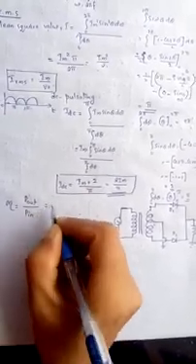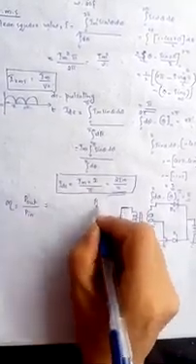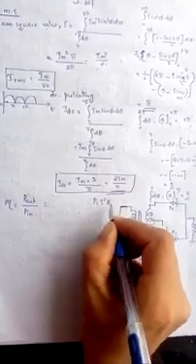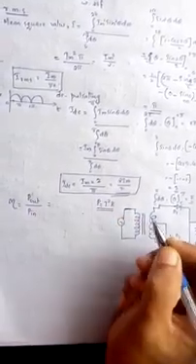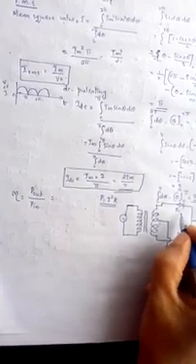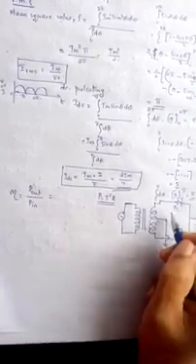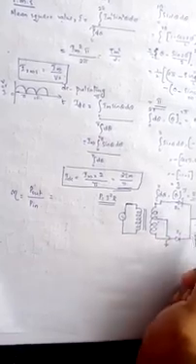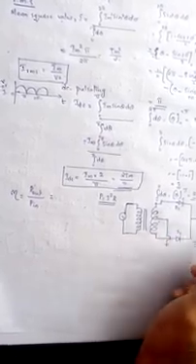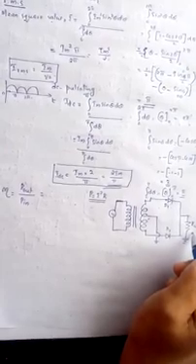In this case P out, any power, you can express as I square into R. Here the current flows through the diode and resistance. AC flows through the diode and resistance, but DC is taken only across the load resistance.